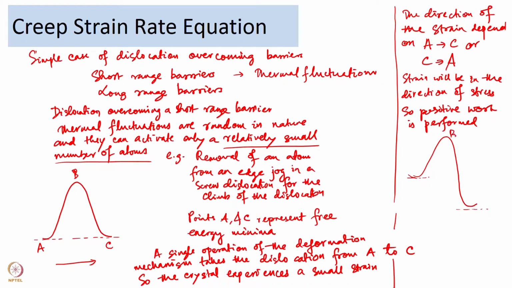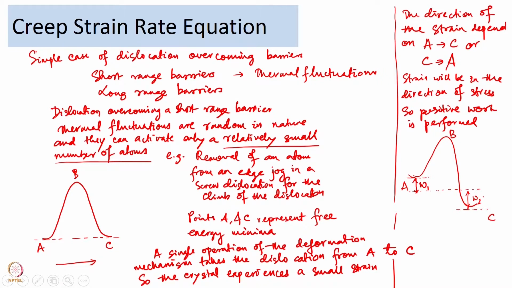So, this is B, this is A, and this is C. With respect to the original locations, A has moved up by a quantity W1, which is the work performed, and C has come down by a quantity W2.